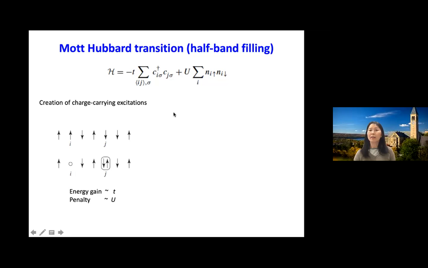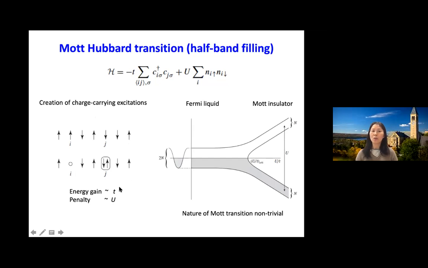At zero temperature, we know exactly what's going to happen, because T tends to delocalize the particles and U tends to localize them. For the system to be metallic, we need to create charge carrying excitations. You will have double occupancy, and the penalty to pay is U, and of course your gain is T. So when T is larger than U, the system is metallic.